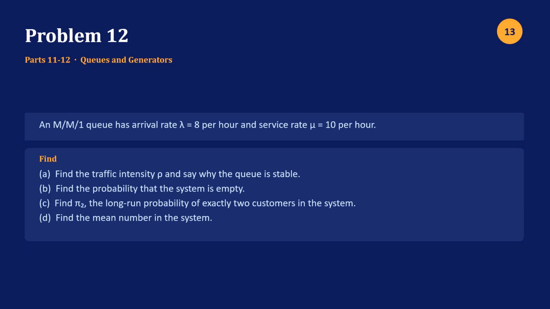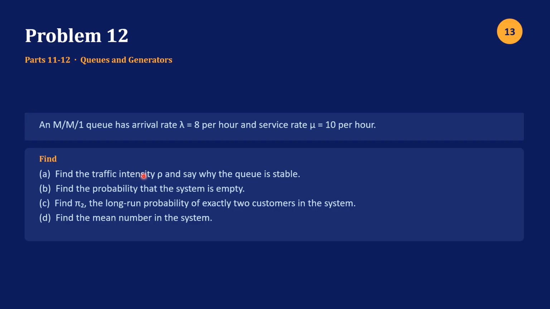Problem number 12 is related to lessons 11 and 12. We're told that we have an M/M/1 queue, and it has an arrival rate of lambda equals 8 per hour and a service rate of mu equals 10 per hour. So we're servicing the arrivals faster than they're coming in.